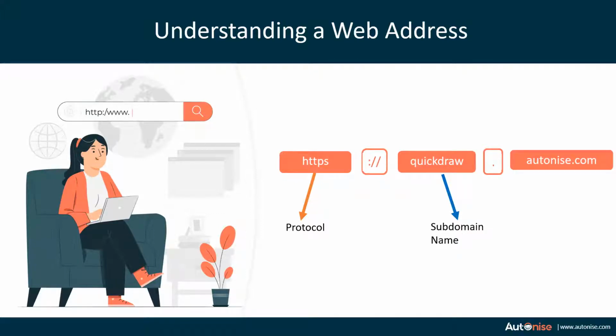Each domain name can have infinite number of subdomain names. Over here, Autonise.com is the domain name. A domain name is unique, like Autonise.com, facebook.com, google.com. But there can be infinite number of subdomain names for each domain. So this is what a web address is made of.